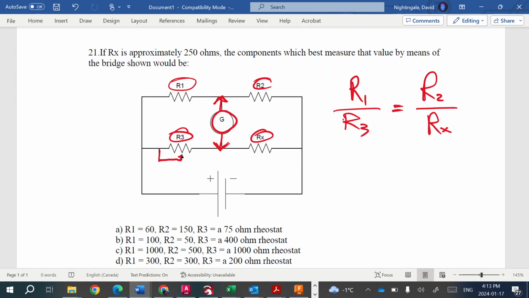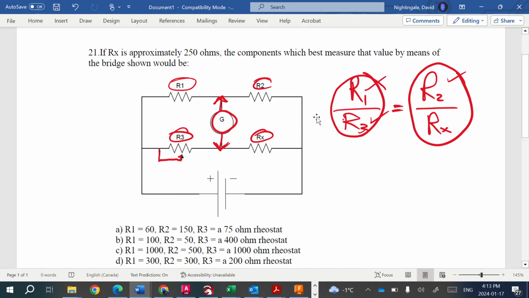Now, again, if R1 and R3, if that ratio matches R2 and Rx, and we know what R1 is, and we know what R2 is, and we are able to know now what R3 is, then we would be able to solve for Rx. Okay, so that's how a Wheatstone bridge works.